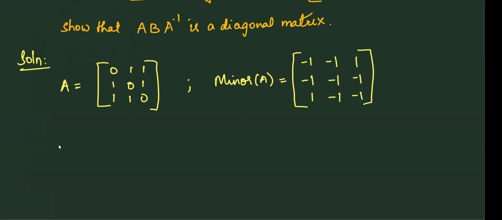This is the minor. Cofactor: this needs to be multiplied with plus, minus, plus, minus, plus, minus, plus, minus, plus.